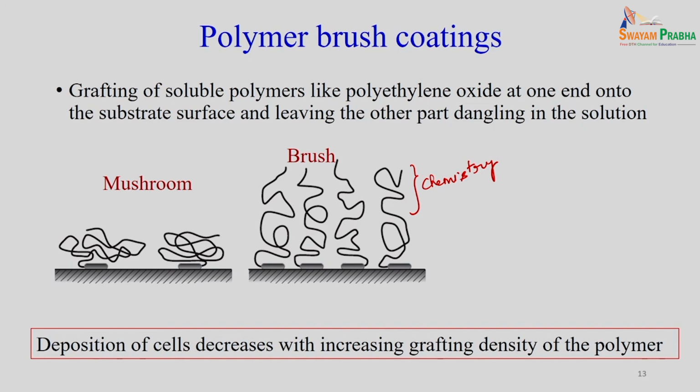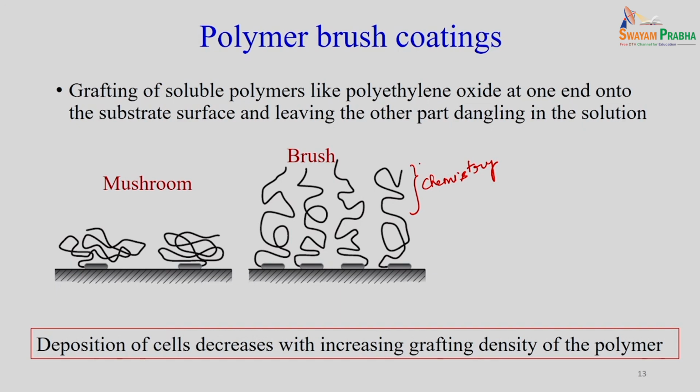So, it may include both attractive as well as repulsive interactions, depending on the conformation as well as the chemistry of these polymer brushes. And if you just see in this picture, the polymer brushes occupy two different conformations. One is the mushroom and the other is the brush conformation.